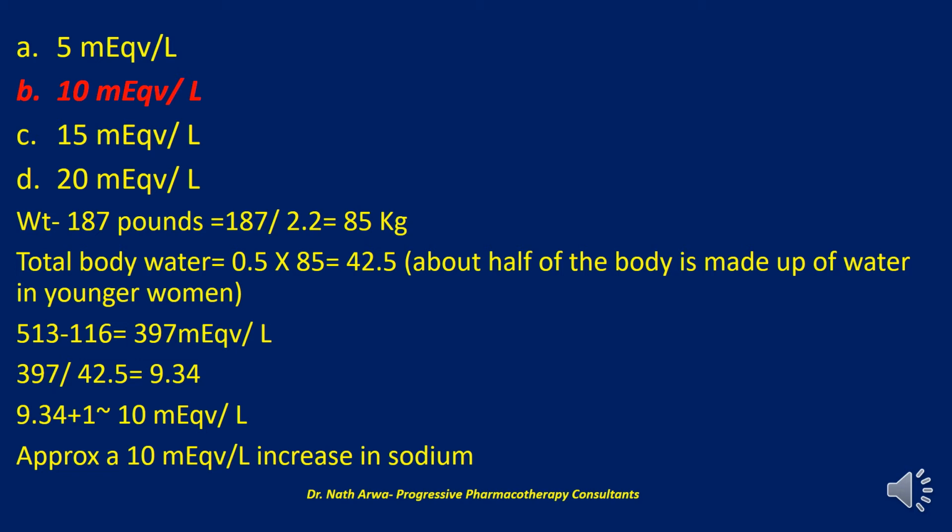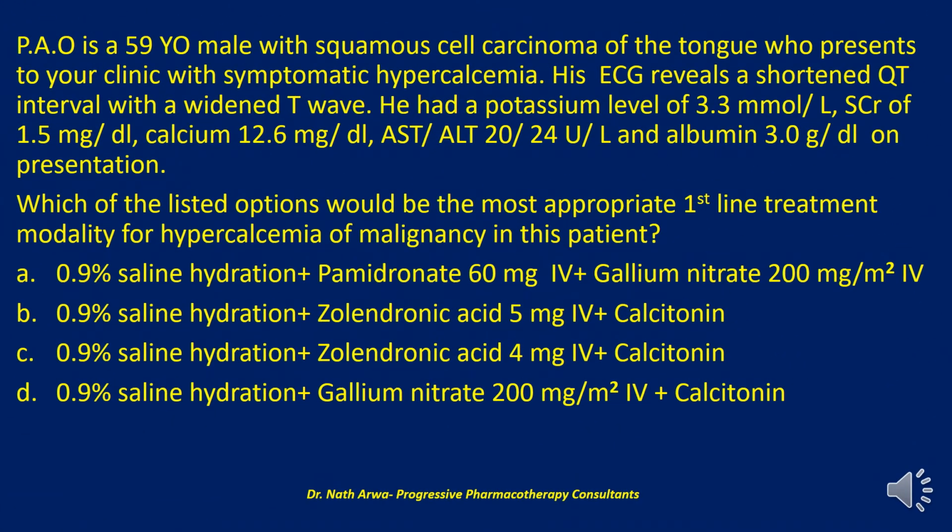So let's move to the next question, which reads, Pao is a 59-year-old male with squamous cell carcinoma of the tongue, and he presents to your clinic with symptomatic hypocalcemia. Now, his ECG reveals a shortened QT interval with a widened T wave.